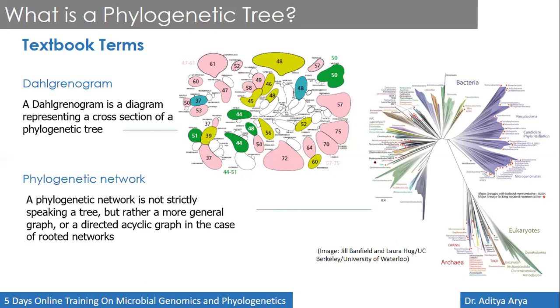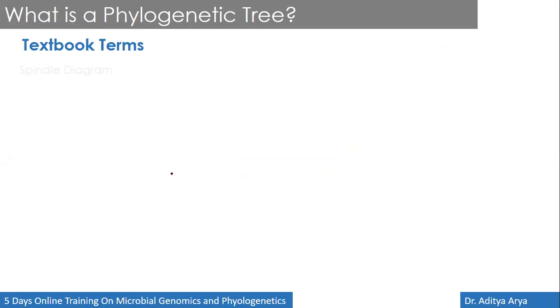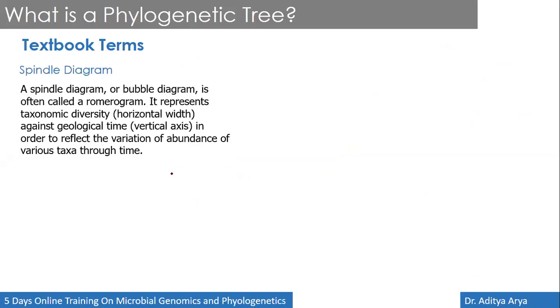So a phylogenetic network is, you can say, a collection of many phylograms. When you connect thousands of phylograms together, that kind of network is known as phylogenetic network. Besides this, there are a few more terms like spindle diagram.